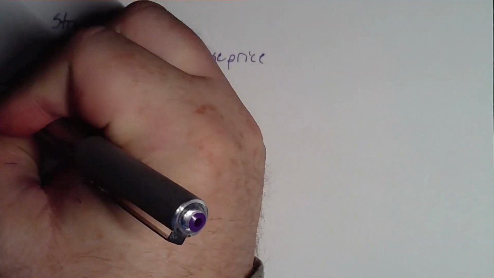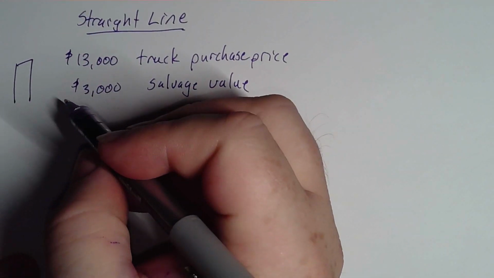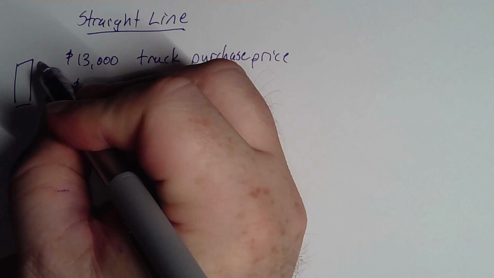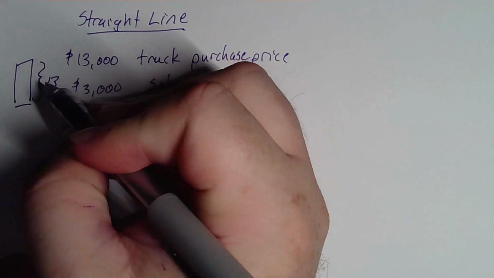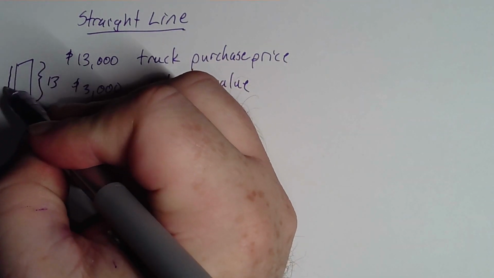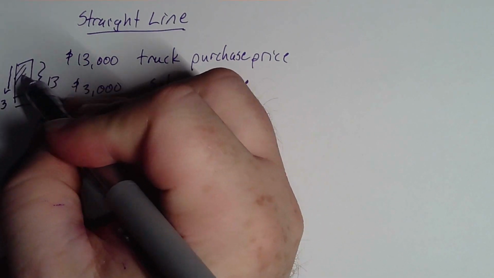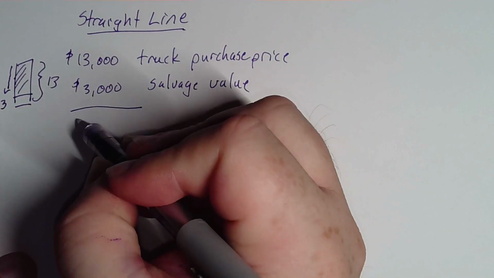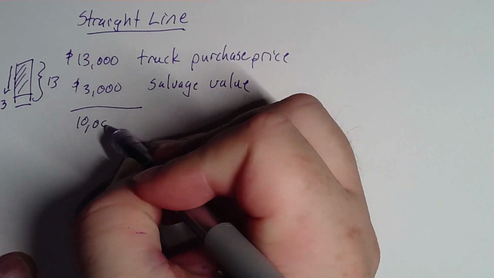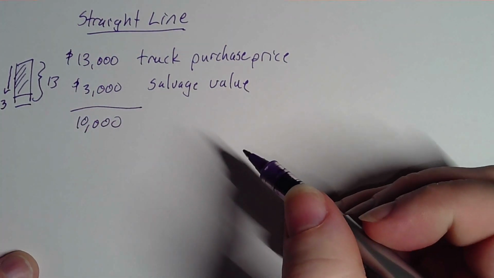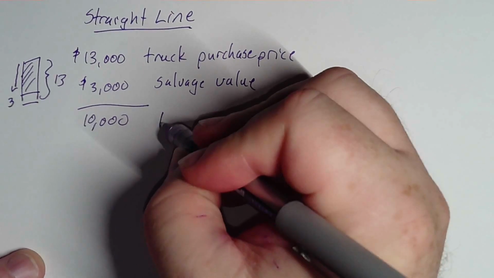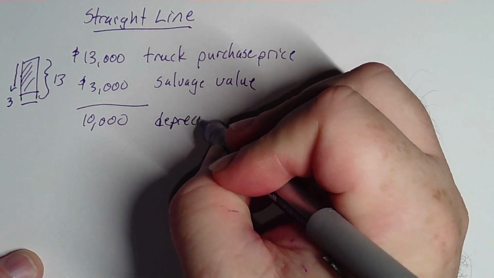So if the total bar here is $13,000, and we're going to use it down until we hit the 3,000 mark, well, what is this area? It's 13,000 minus 3,000. We're going to use up 10,000 of it. That's how much we're using. And we call this the depreciable value.